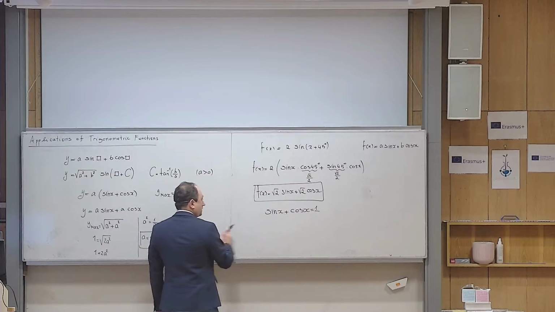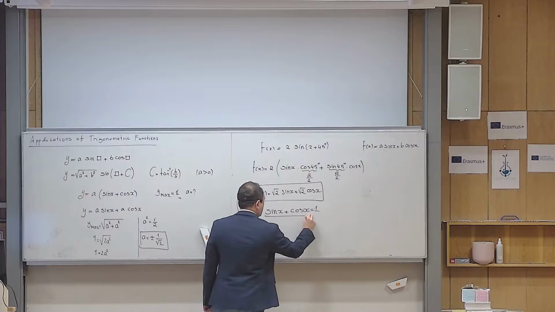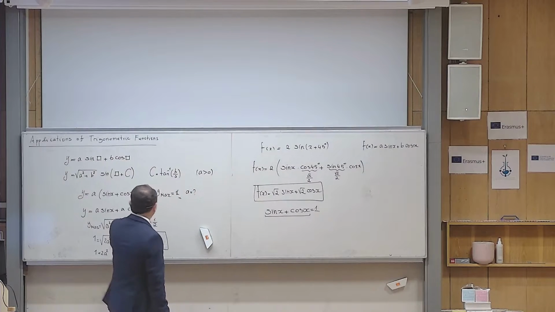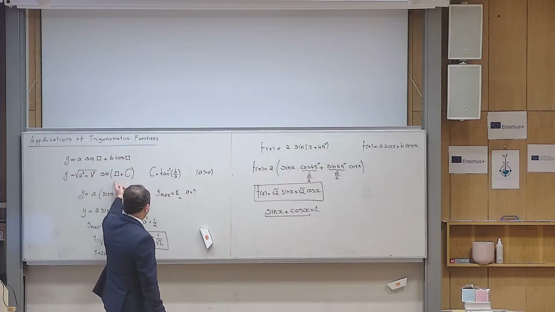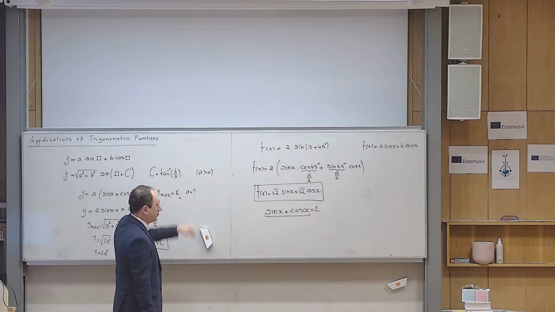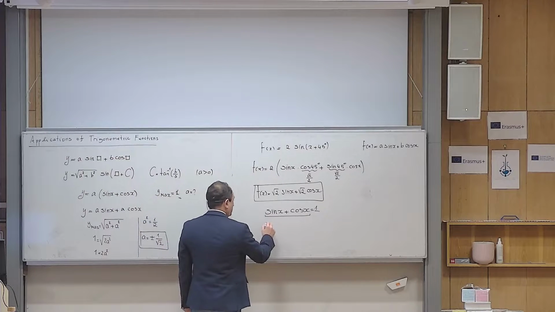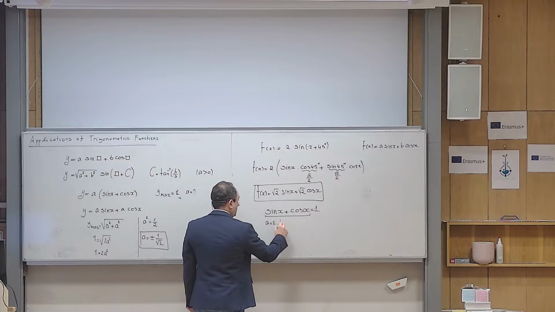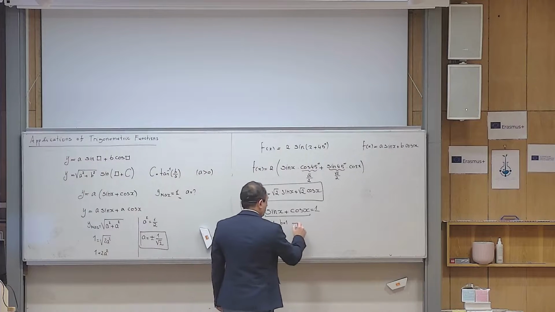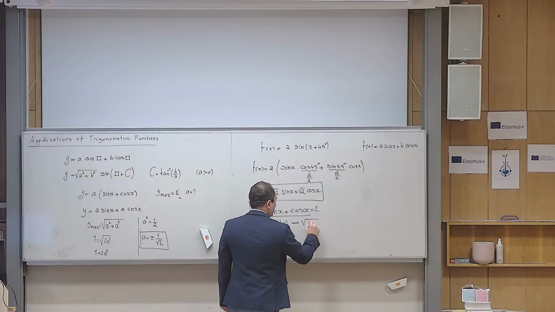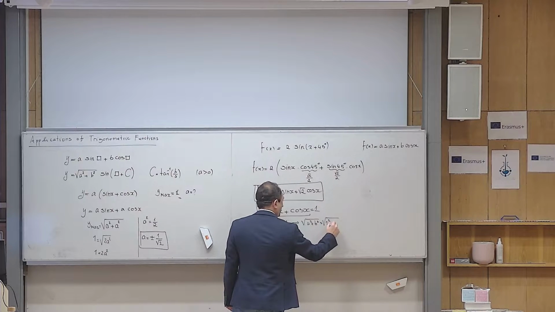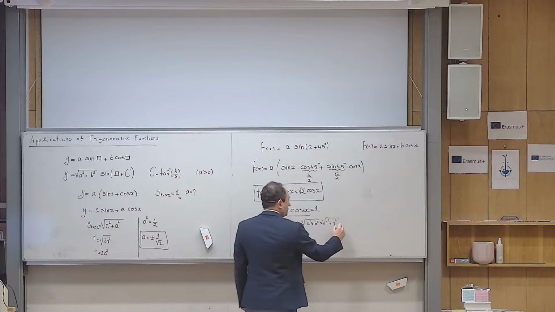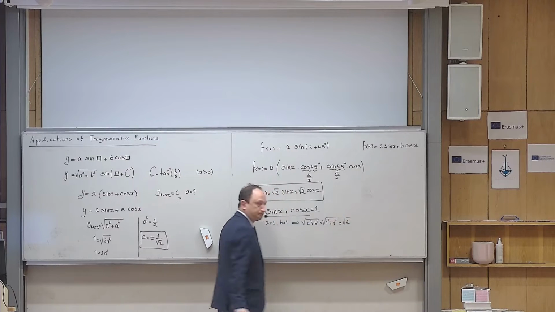The first thing that comes to mind, because this is of this form, I use this idea, so I use the formula sheet and then I write this. So how should I do that? First, a is 1 in this problem, b is also 1. So I calculate square root of a squared plus b squared because that is needed. So this becomes 1 squared plus 1 squared, 1 plus 1, 2, so it becomes square root of 2.